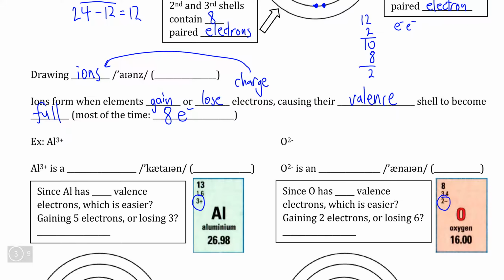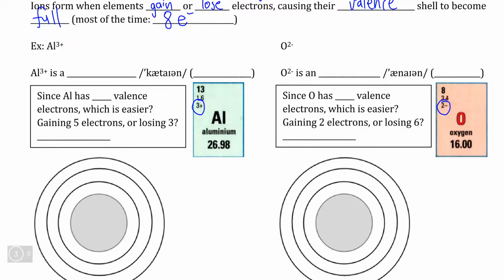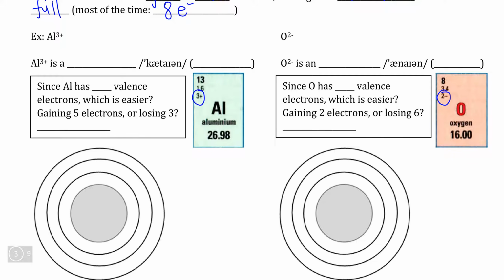But we're going to take a look at one example of a situation where an element loses electrons and one example where an element gains electrons. So we can see that aluminum has a charge of positive 3 because aluminum has lost 3 electrons, and when aluminum does this, that makes aluminum what we call a cation.